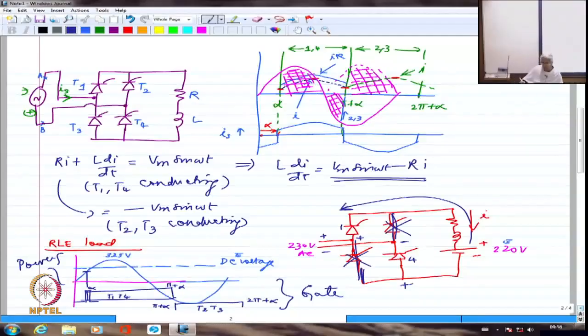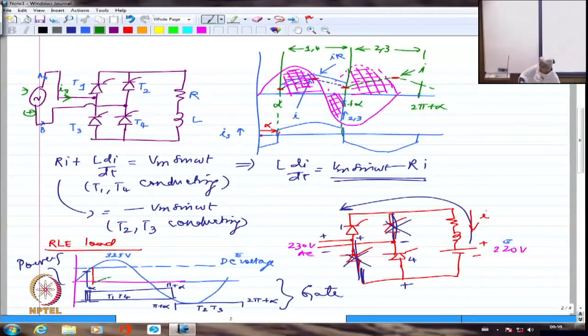So, in this case, if I assume discontinuous conduction, it will start conducting only from this point. Although I had tried to give a firing pulse at alpha, I will see the conduction starting only from this particular point.